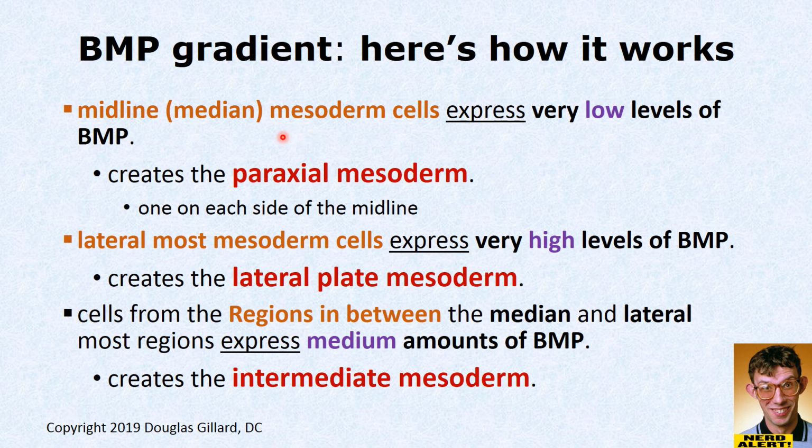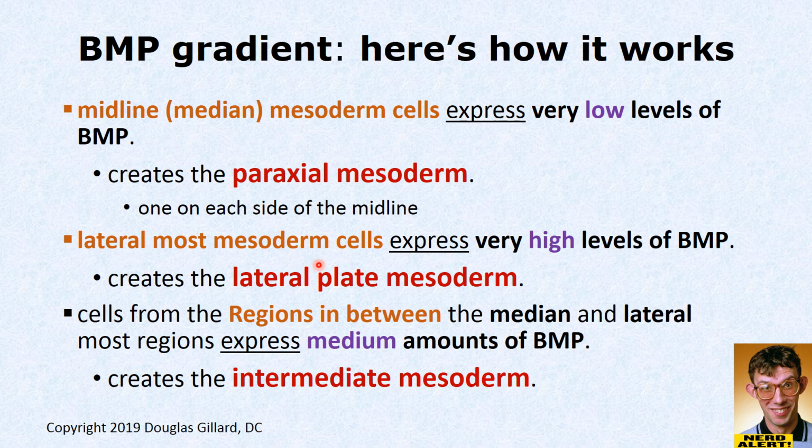And cells that express low levels of BMP are called paraxial mesoderm cells because they're going to differentiate. We'll talk about that in the next video. They differentiate like crazy. Somitomeres and somites, they differentiate too. But we'll talk about that when the time comes.